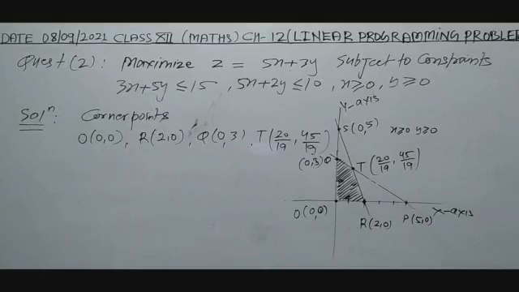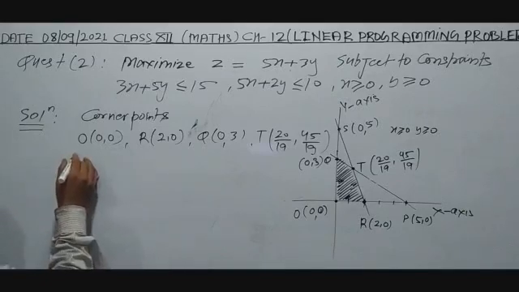Now I have to check the maximum or minimum of the objective function. So (0, 0), (2, 0), (0, 3) and (20/19, 45/19) are the corner points. So make the table.